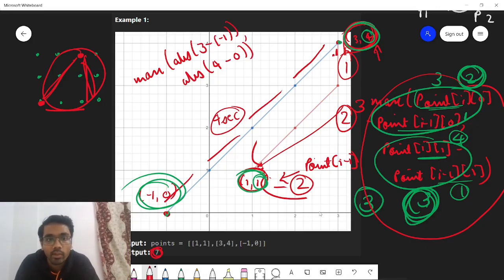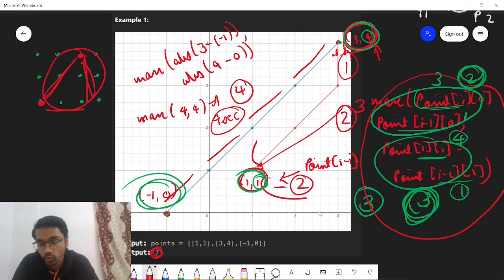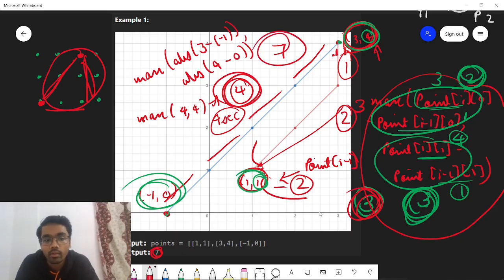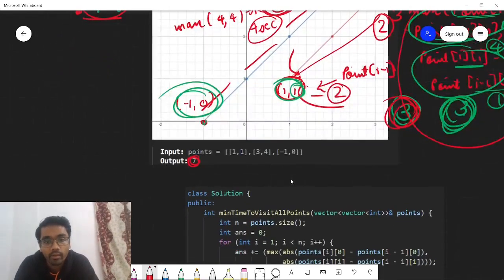So 3 minus minus 1 is 4, and 4 minus 0 is 4, so the maximum is 4. So from here we need 4 seconds. In total, how many seconds do we need to traverse all these points? 4 seconds plus the 3 seconds. So in total we took 7 seconds. That's why the output is 7 only. So this is how we'll be solving this particular problem.